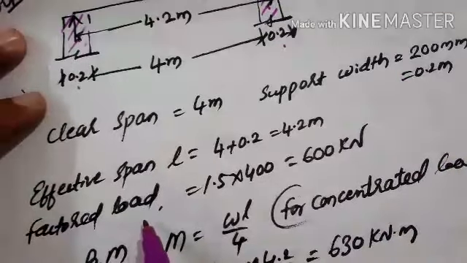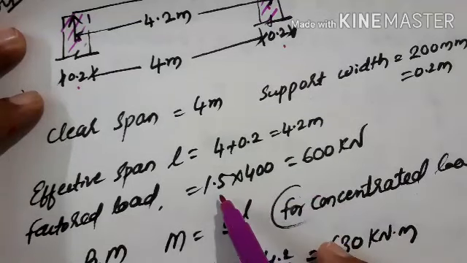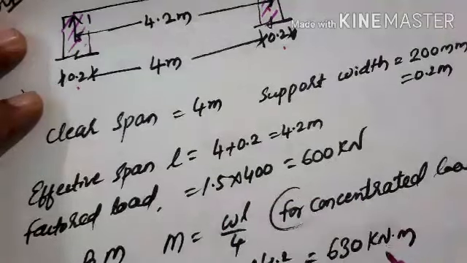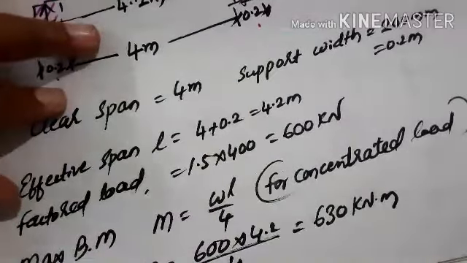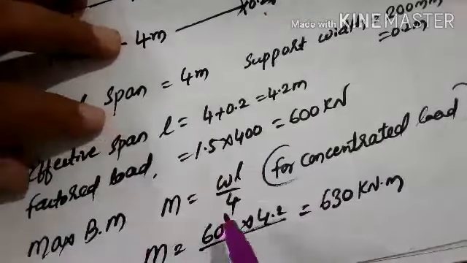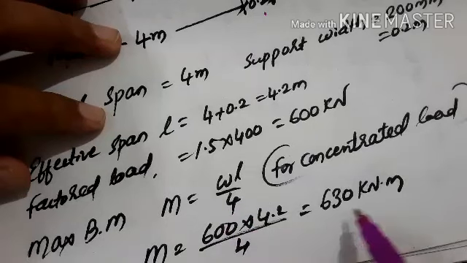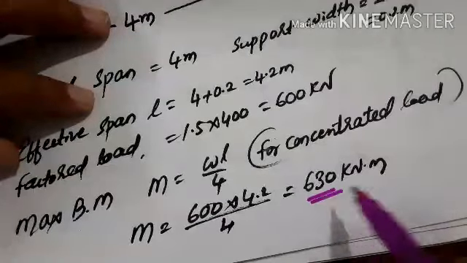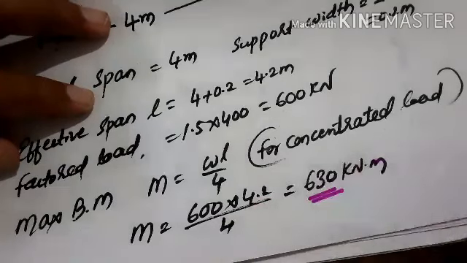Then the factored load, the concentrated load which is acting at the mid span of the beam, when you make it factored, will become 600 kilonewton. And you know for a simply supported beam, when it is subjected to a centrally concentrated load, the maximum bending moment will be WL by 4. And the value will be 630 kilonewton meter, WL by 4.